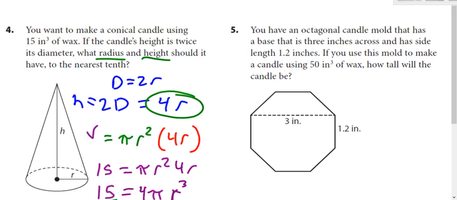So for this one, if it's going to have an octagonal base, we need the area of the base times the height, that's the volume. If you're going to find the area of this, I would split it into a rectangle and 2 trapezoids.